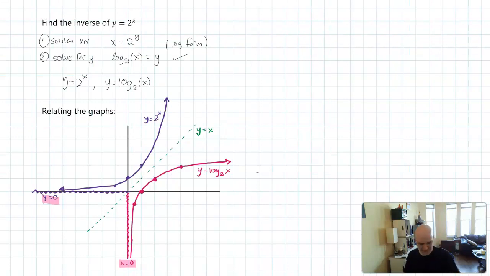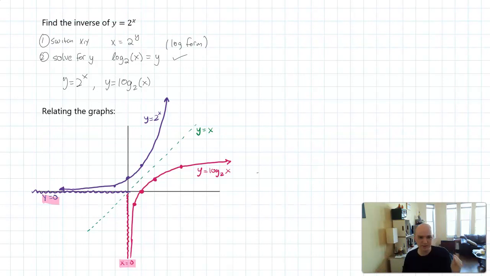One word of caution, I should say, at this point: sometimes folks will see this slide and think to themselves, aha, what Mr. Eck is saying is that I don't need to learn the graph of log because I already know the graph of exponential functions and I can just reflect them. You need to learn the graph of log. This approach of inverses and reflections works well before we bring in the idea of transformations.